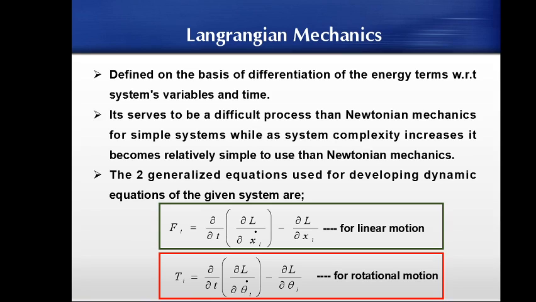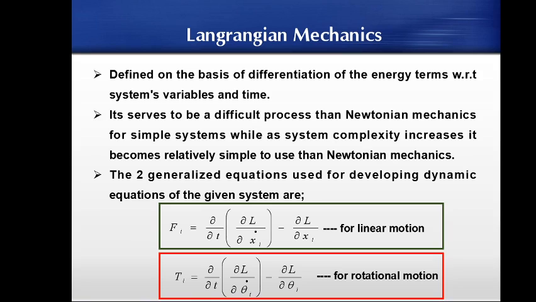So as we already said, this method seems to be a difficult process for simple systems when compared to Newtonian mechanics, while as the system complexity increases, it becomes relatively simple. So these are the two generalized equations used for deriving the dynamic equations of the given system.